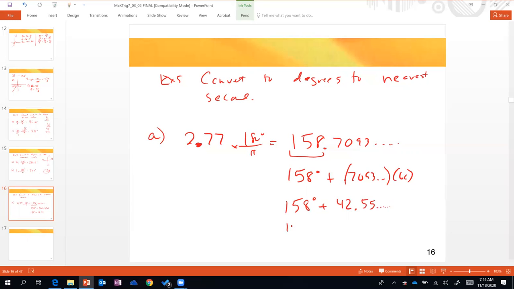Let me just go dot, dot, dot. So I got myself 158. This is a lot faster to do by calculator; I'm just writing all the steps down. So the 42 becomes the minutes that we have. And then we take the 0.55 and so on, times 60 again to give us the seconds. And what is that final answer? 34, round up.